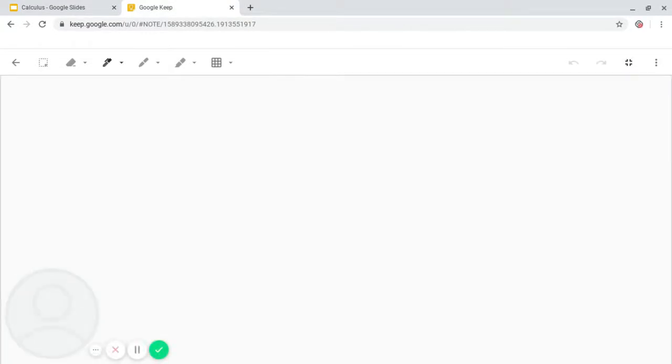So to start, we'll look at the definition of a derivative. Sometimes we'll be asked to find a derivative based solely on the definition and not using any of those other rules that we talked about.